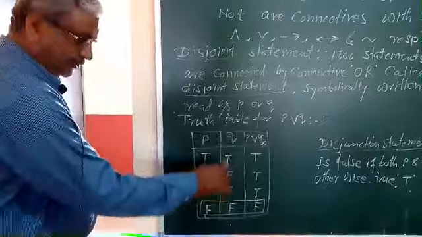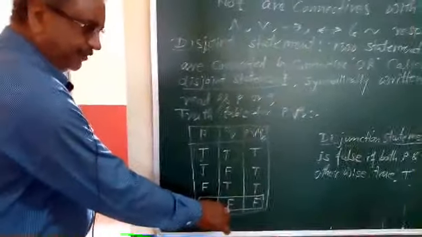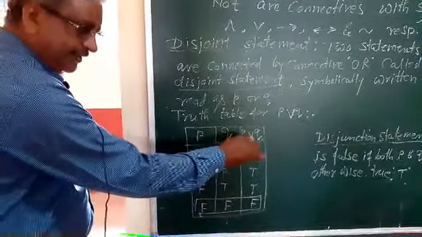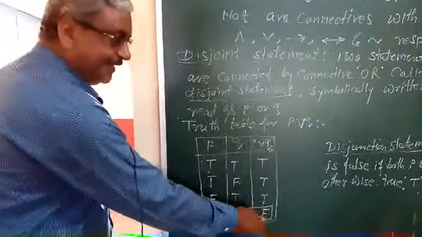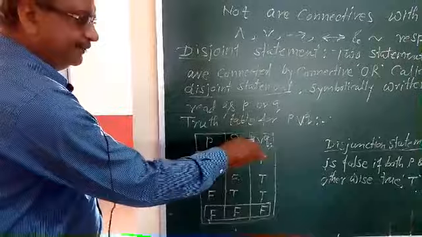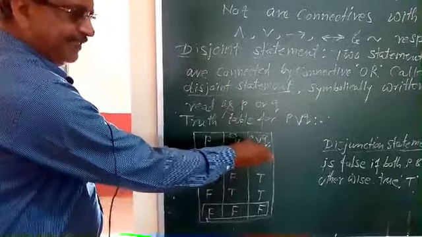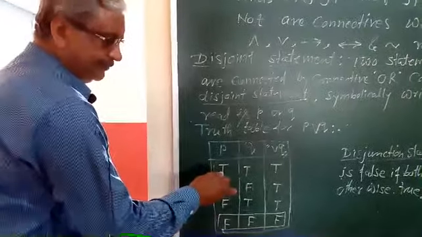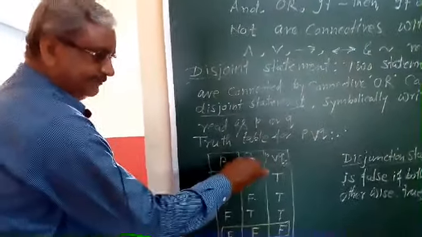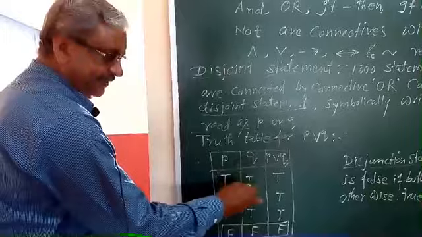If P is false and Q is false, then only your disjunction statement P or Q is false, and otherwise your disjunction statement is true for every truth value of statement P and statement Q.